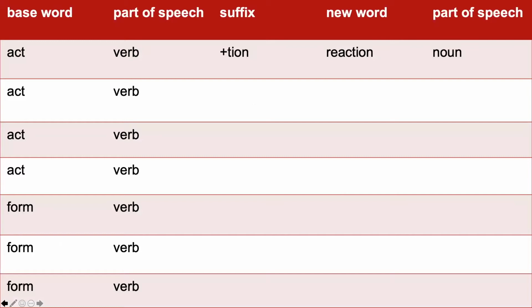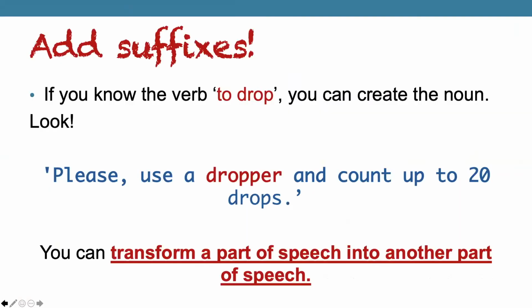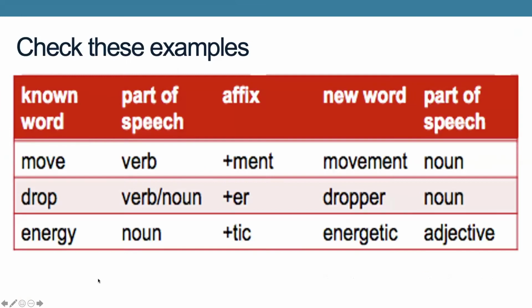Oh, I'm sorry. I don't know what is going on with this. Okay, here you have some other examples. So you have the word move, which is a verb, and you can add the suffix ment, and then you get movement, and movement is a noun. You go from a verb to a noun. You have again the verb drop, and well, it can also be used as a drop, like a noun.